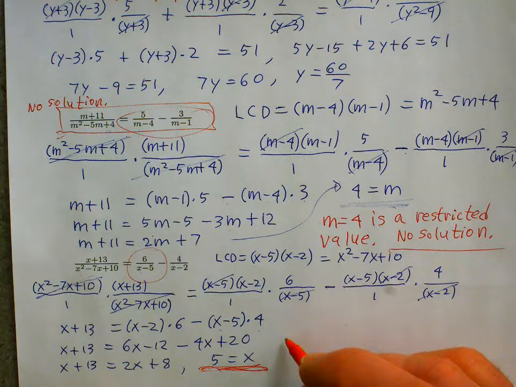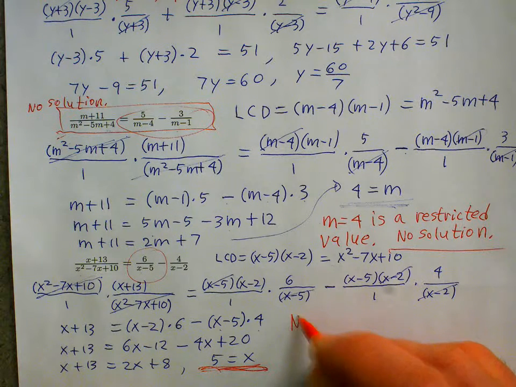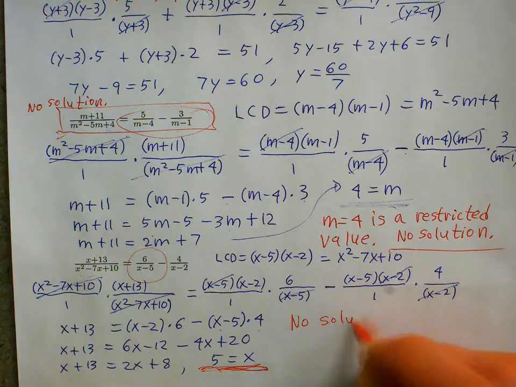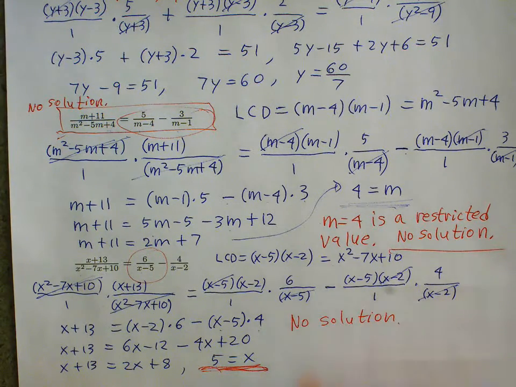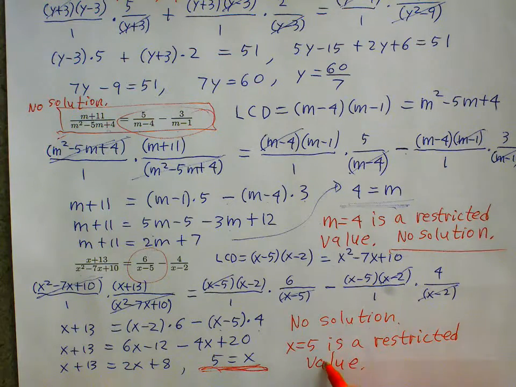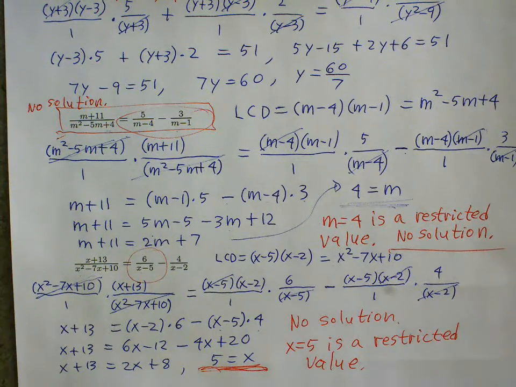So the equation has no solution because x equals 5 is a restricted value. Okay, let's move on to the next page.